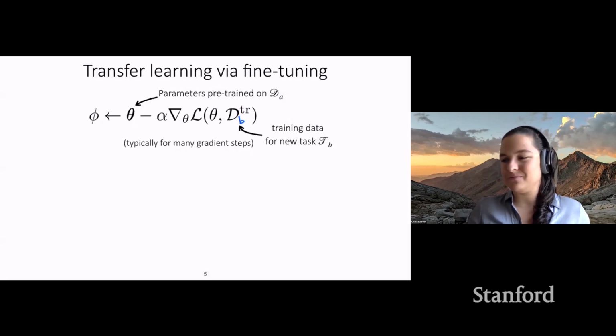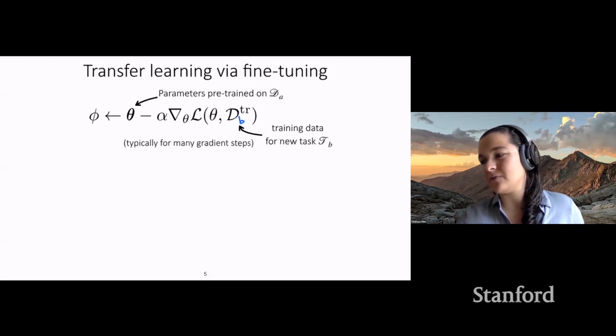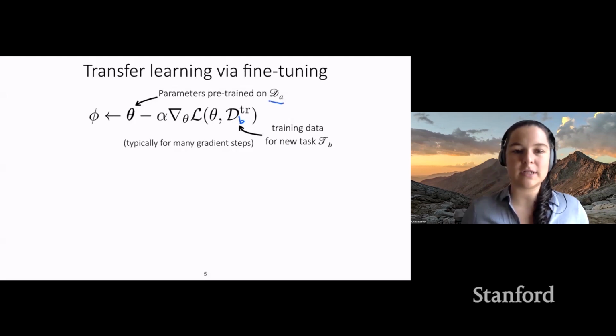So that's it. It's quite simple, and it actually works quite well in a number of different instances, especially when there's a lot of rich information and knowledge in your source data set DA.